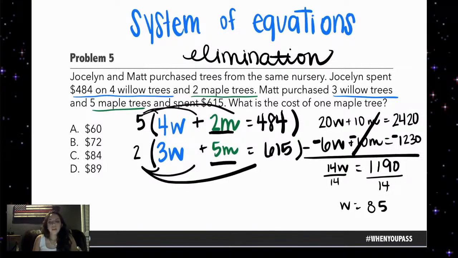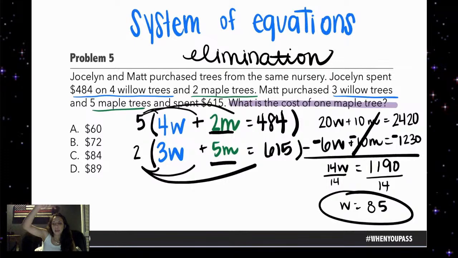Now, am I done? No, because they asked, what is the cost of one maple tree? I'm looking for the cost of a maple tree. What did I just find? The cost of a willow tree. So now I'm going to take that 85 and plug it back in.